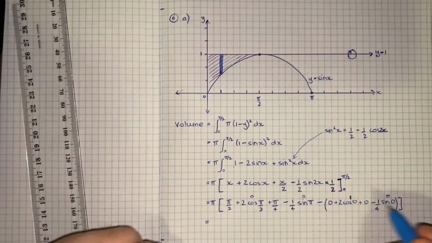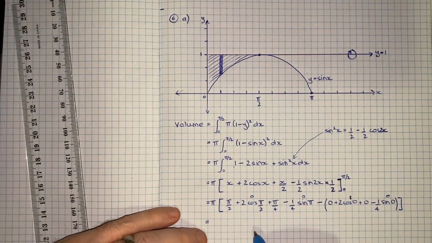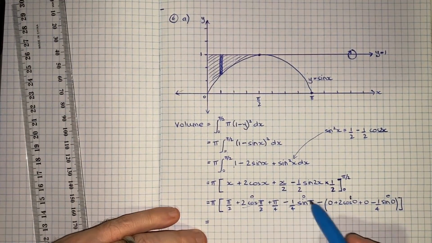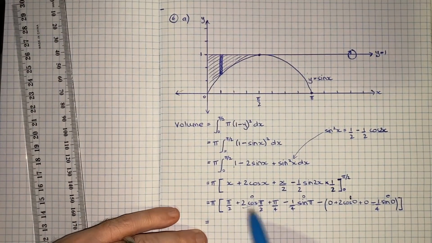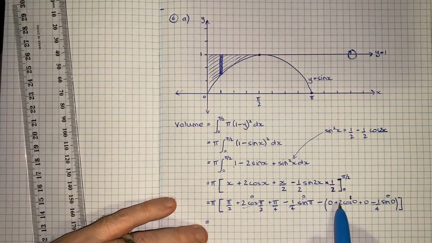So what do we get here? This will go, and this will go. So we'll have pi on 2 plus pi on 4 minus 2. A half plus a quarter will be 3/4, so it'll be 3 pi on 4 minus 2.